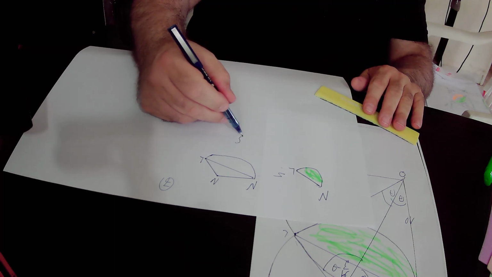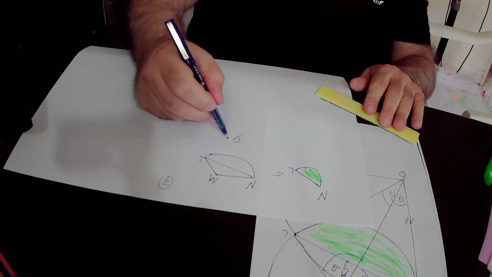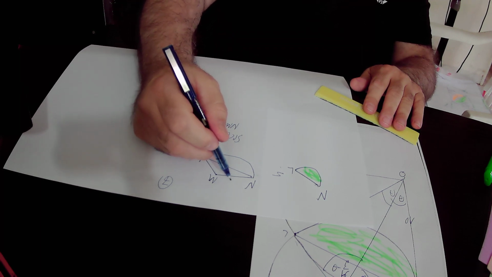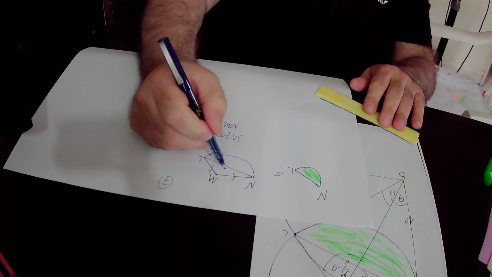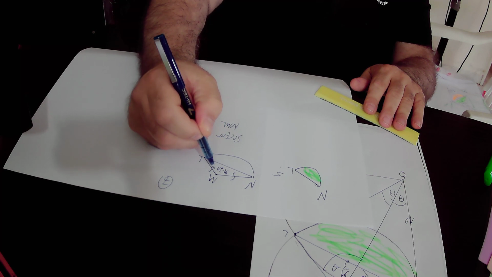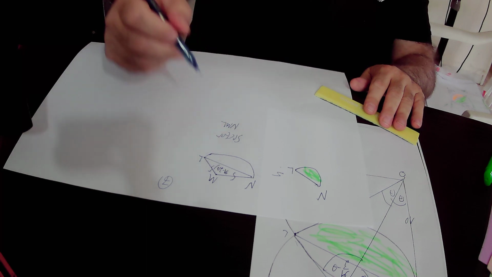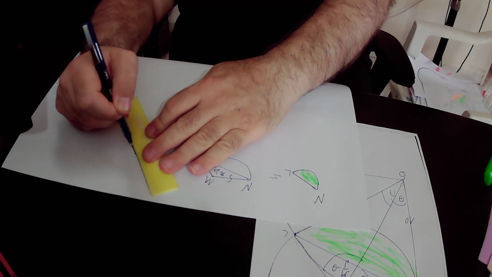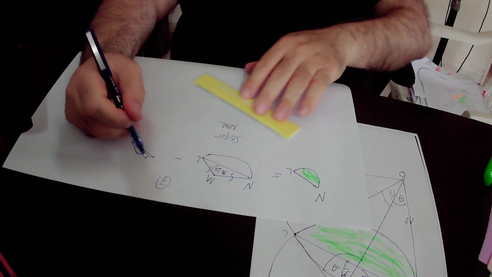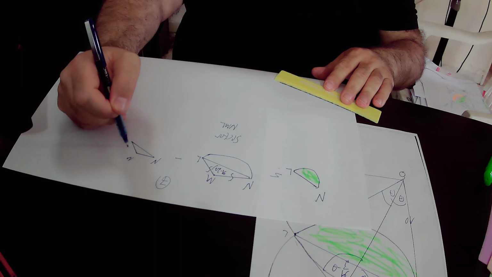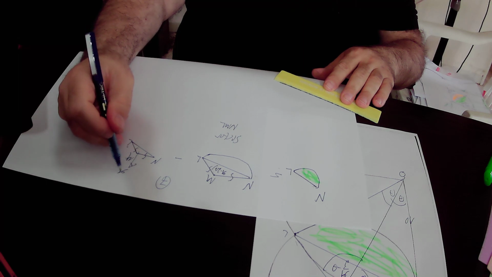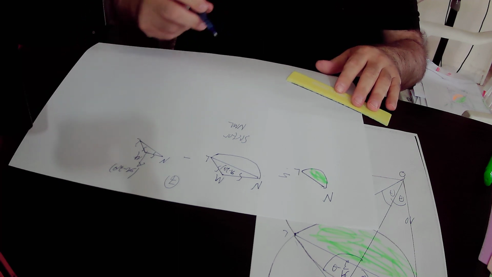Here NM equals 5, ML equals 5, and this angle equals pi minus 2 theta, minus the area of triangle NML. Okay.